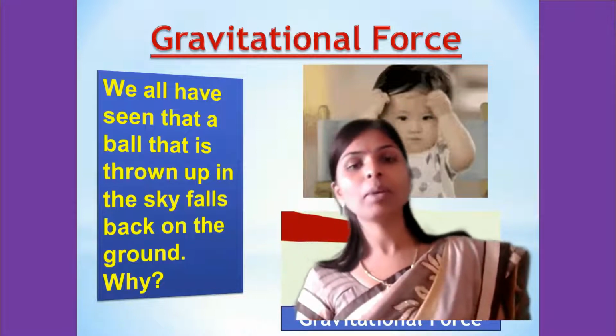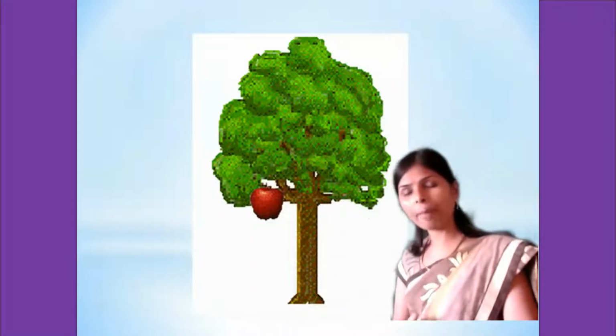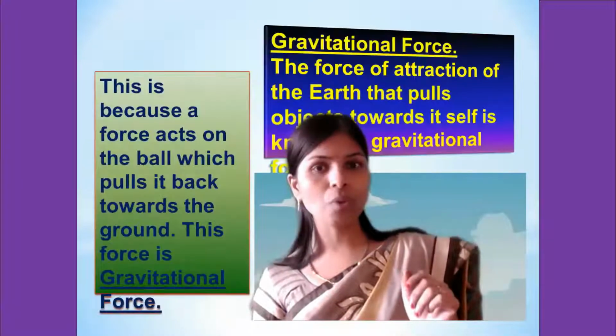Why is it? Because of gravitational force. Here you can see one example I have shown you. This is an apple tree. This apple will fall downside. It will not go up. Because of gravitational force, because of gravity, that apple comes towards the ground only. So this is one example of gravitational force.